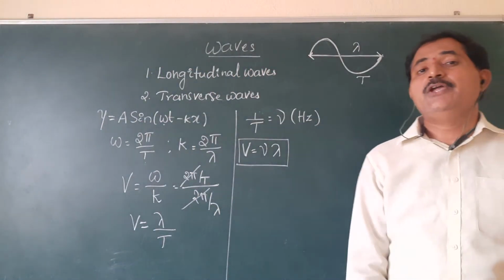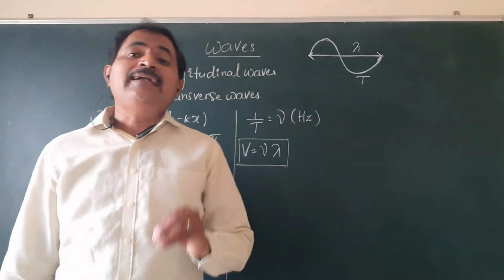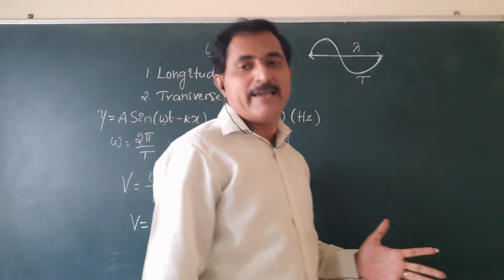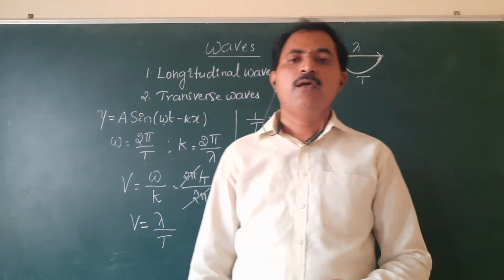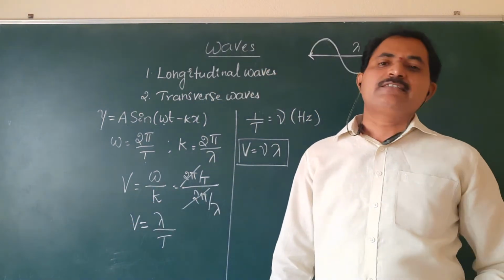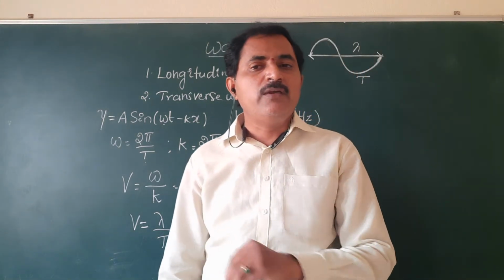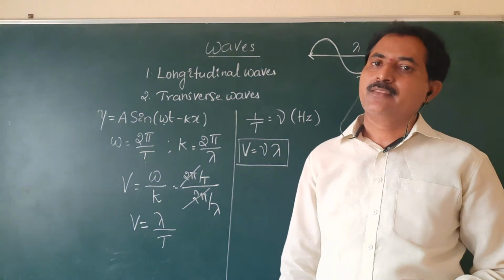But you remember that the waves can travel in different types of media like solids, liquids and gases. In all the media the waves can travel. Now let us take the propagation of the wave in a solid medium.